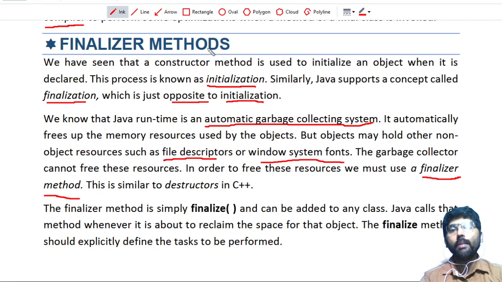This finalizer method is similar to destructors in C++. How to write this finalizer method? It's very simple. We just write a method called finalize in the class, and this finalize method is called whenever the object is released.